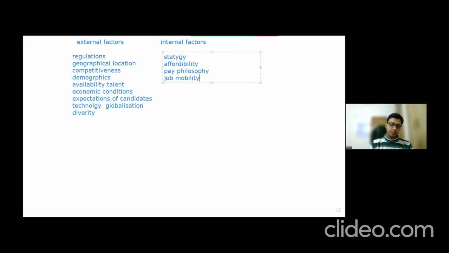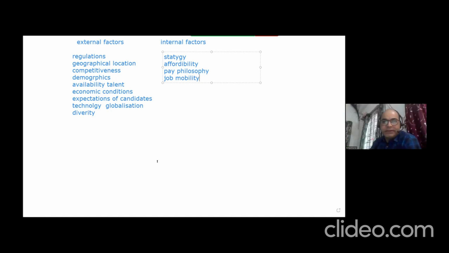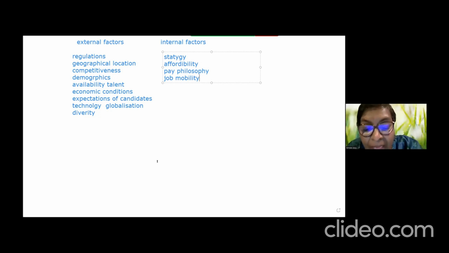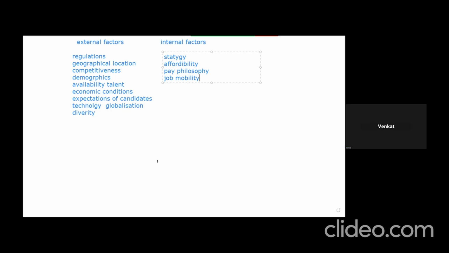Somebody was wanting to mention something. Is there a compulsion of retaining niche skill talent in an organization with premium packages?